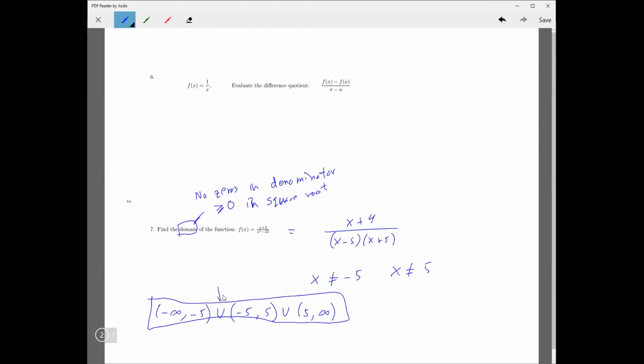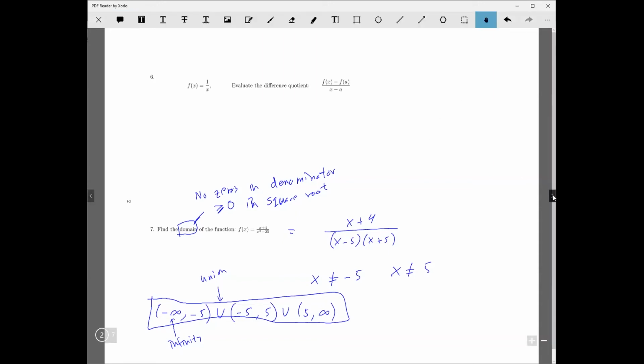Okay, so right here, if you just type union, it'll produce the symbol. And if you just type infinity, that'll produce this symbol. Or you can find those in the calc pad and put them in that way.